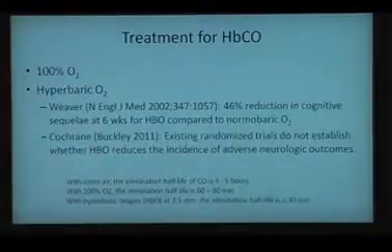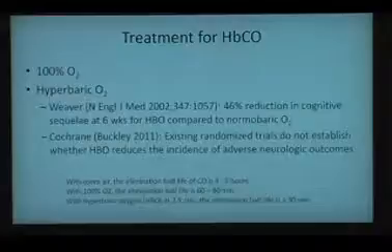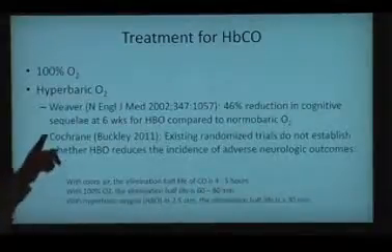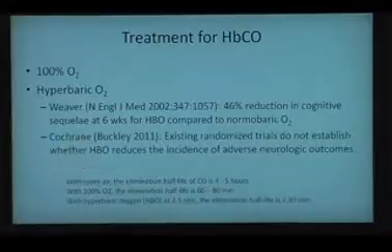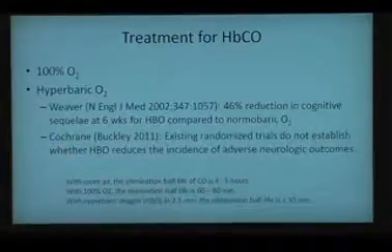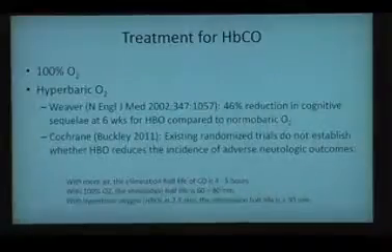And there was this very important paper published back in 2002 where they reported in the New England Journal of Medicine a 46% reduction in cognitive sequelae 6 weeks after HBO therapy as compared to 100% oxygen under normobaric conditions.